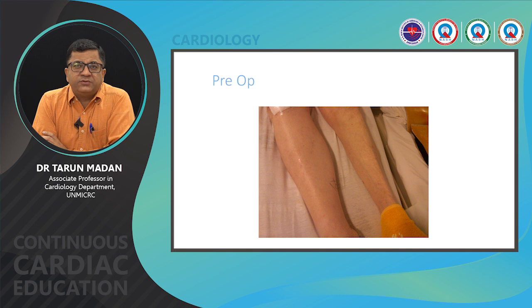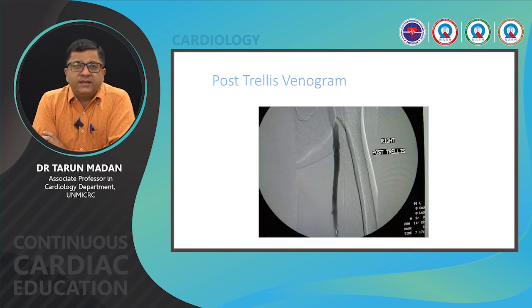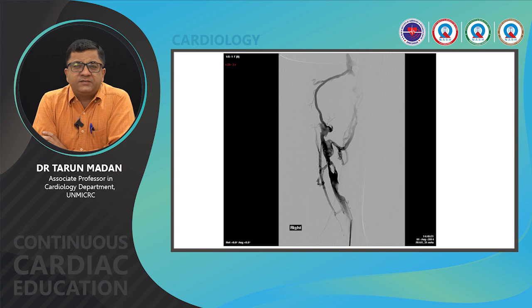This is pre-op. You see the sheath is there, and the superficial femoral vein is absolutely occluded. This is the thrombus which was aspirated. This is how the right-sided common femoral vein, the superficial femoral vein, everything is occluded.